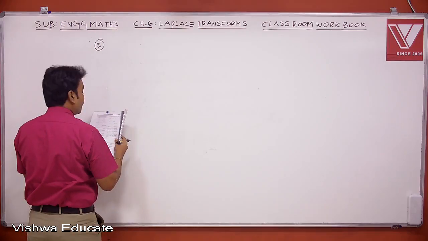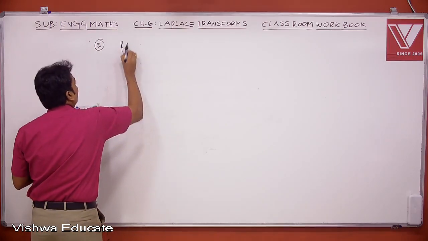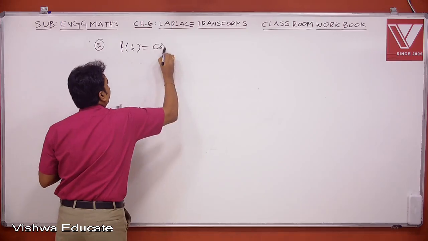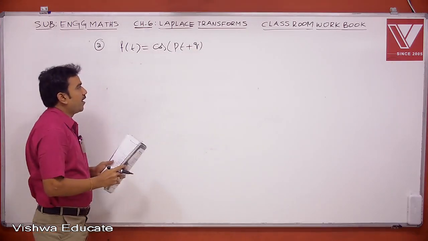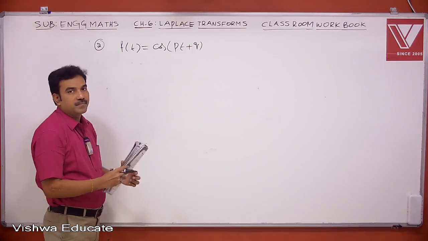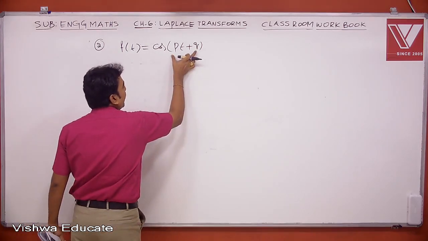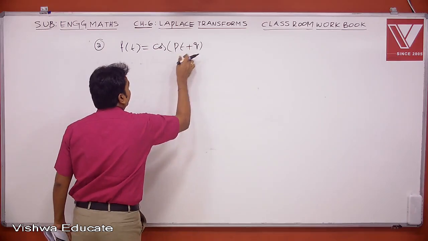The Laplace transform of f of t equal to cos of (pt plus q). We need to find the Laplace transform of this function. So we can do like this, expand this using the cos of (a plus b) formula.